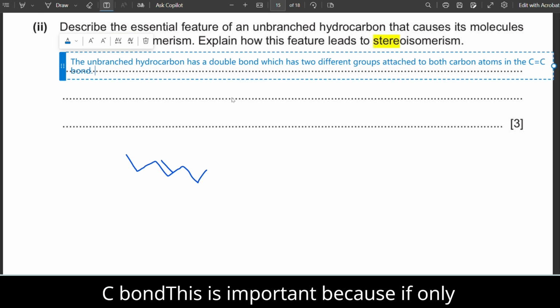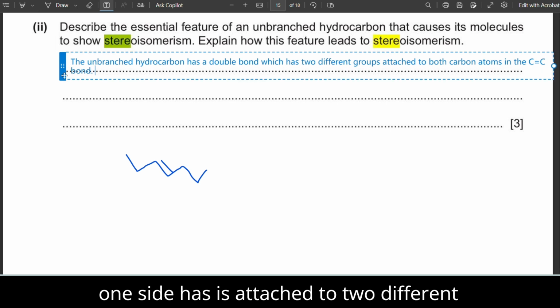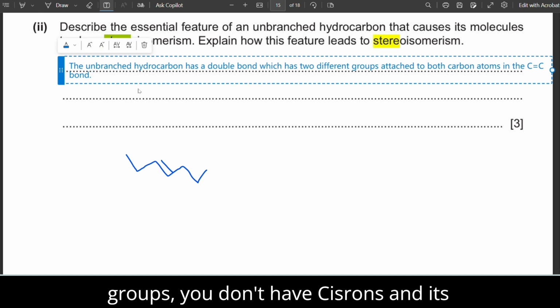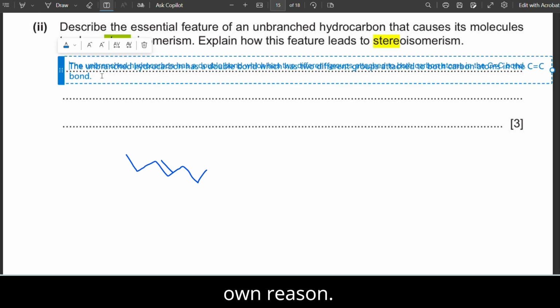This is important because if only one side is attached to two different groups, you don't have cis-trans isomerism.